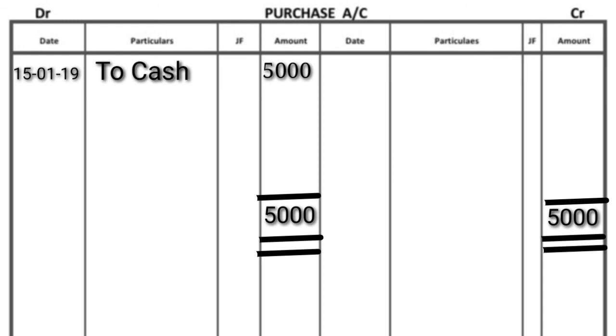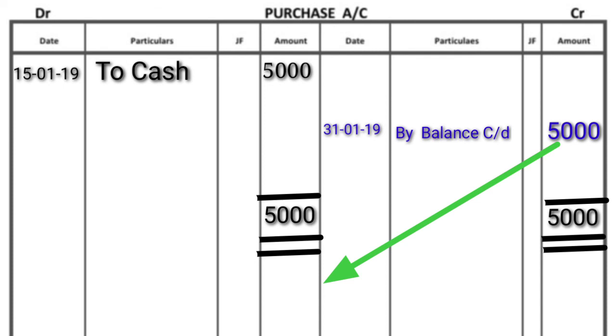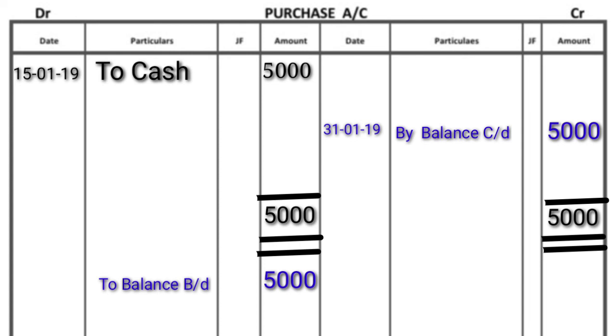And find out the difference or balance amount. On the credit side, 5,000 is the difference amount or balance amount. That we can write here, 5,000 in the amount column, and the date is 31st January 2019, by balance carried down. Okay, by balance carried down 5,000, and this balance we need to bring down on the debit side, to balance brought down 5,000 in the date column 1st February 2019.